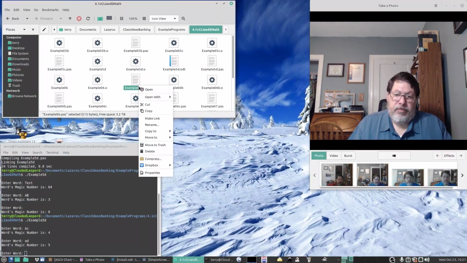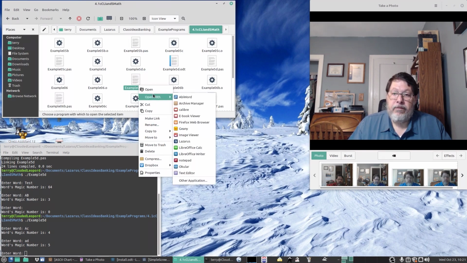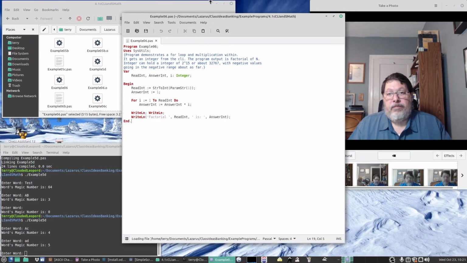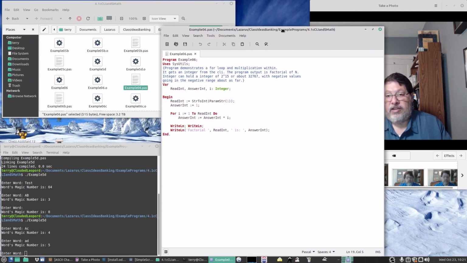Moving along, we're going to change directions completely, and look at this example 6, which is a program to produce the number factorial.